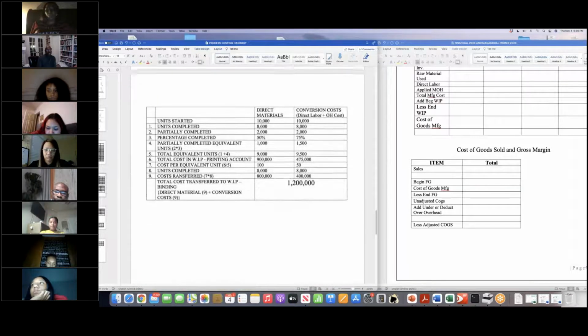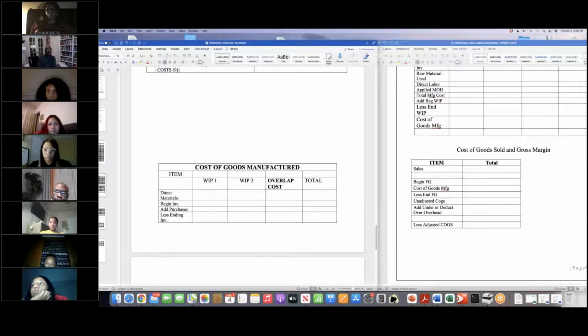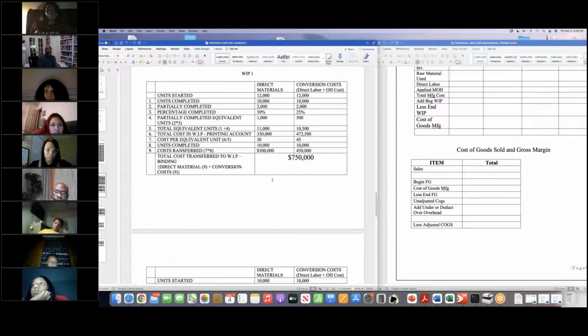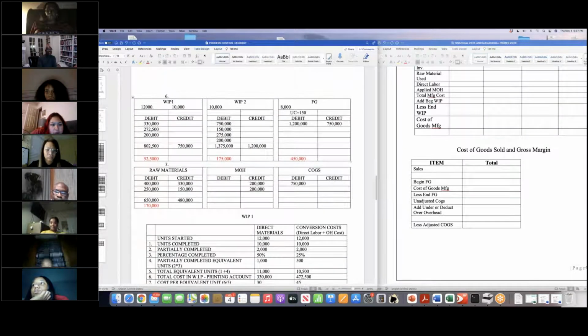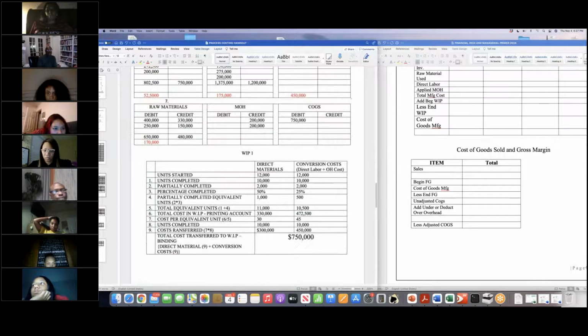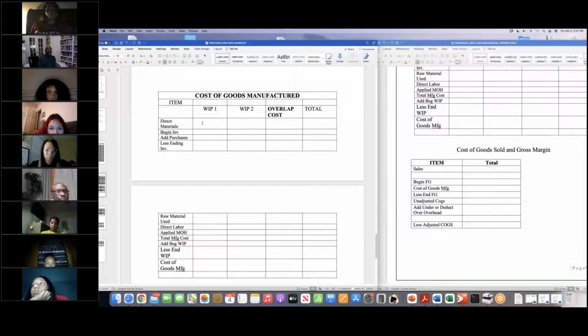So of course, let's see if we can go down these columns on work in process 1. We're going to go to this T account. And we bought 400. Wait a minute, wrong line.